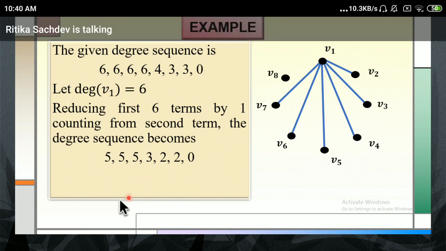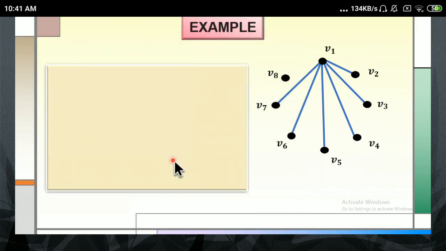Okay. Now I will say this particular number 5 is the degree for V2 after the graph is drawn. That means now consider vertex V2. From V2, I have to draw 5 more edges. I am connecting this to the first 5 vertices. What are these first 5 vertices? V3, V4, V5, V6, and V7.